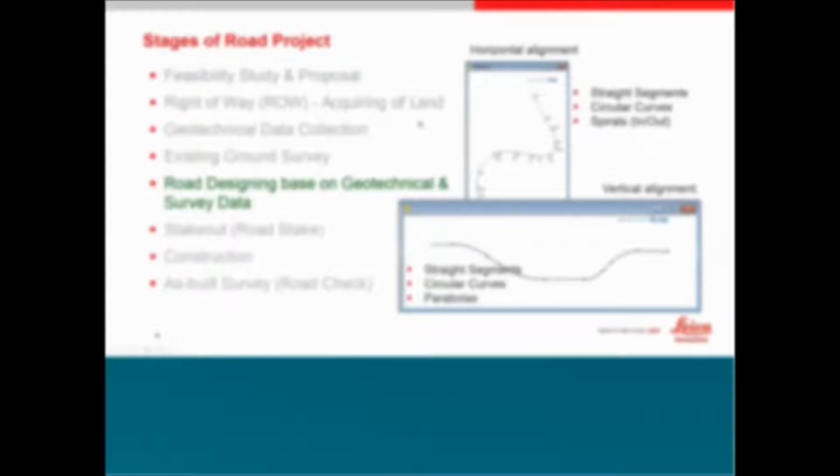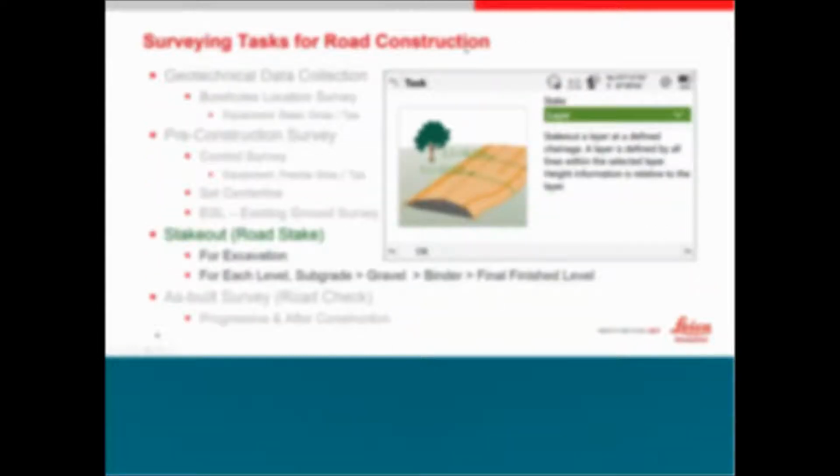The engineers will work out what kind of curve to use and how much gradient to apply to the vertical profile and all that. With the design information provided, the contractor would then need to do the setting out for various stages of the road construction.